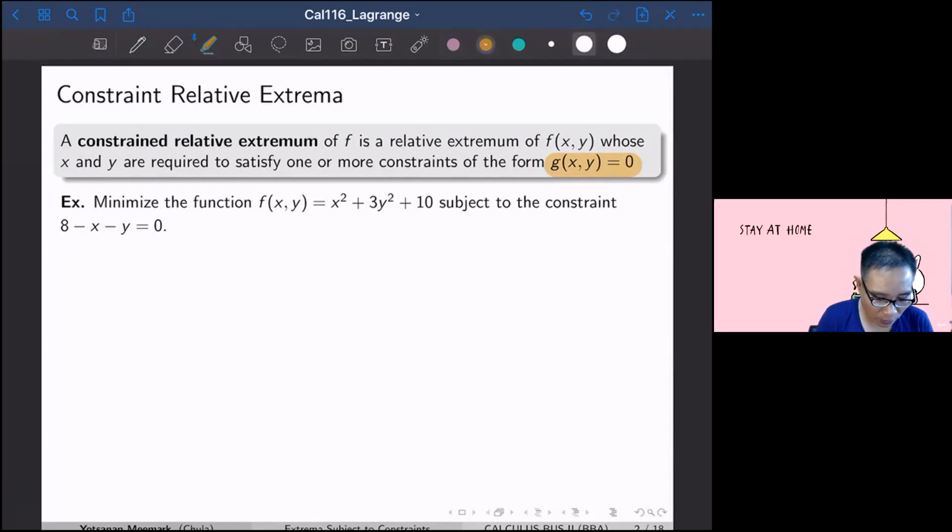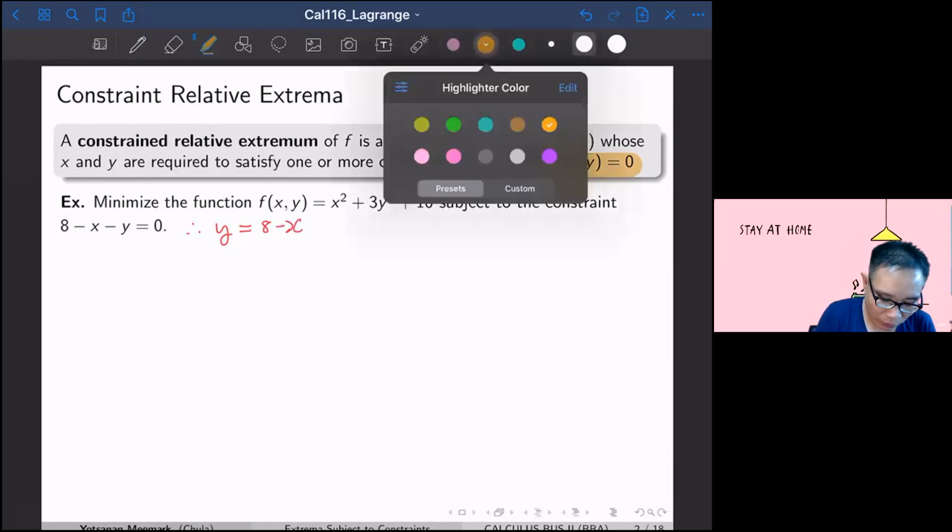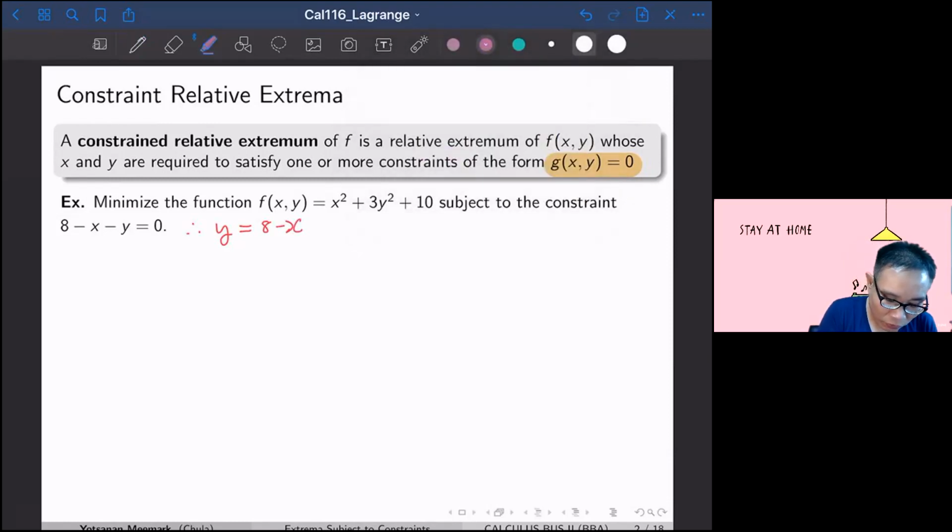For this one, you're allowed to solve for y, so you have y equals 8 minus x. You just plug y equals 8 minus x into the function f(x, y), so you'll be able to get rid of y.